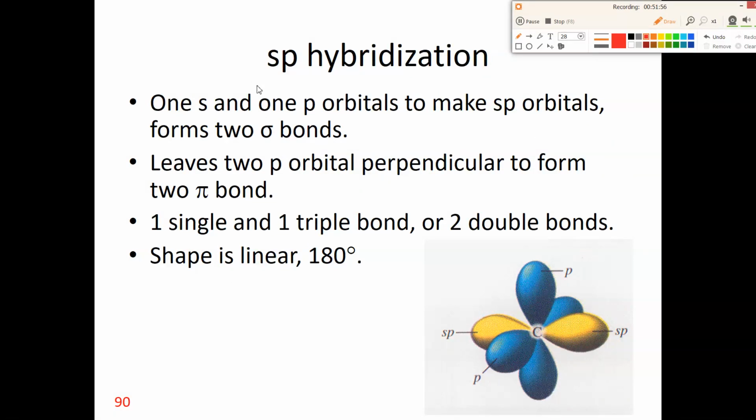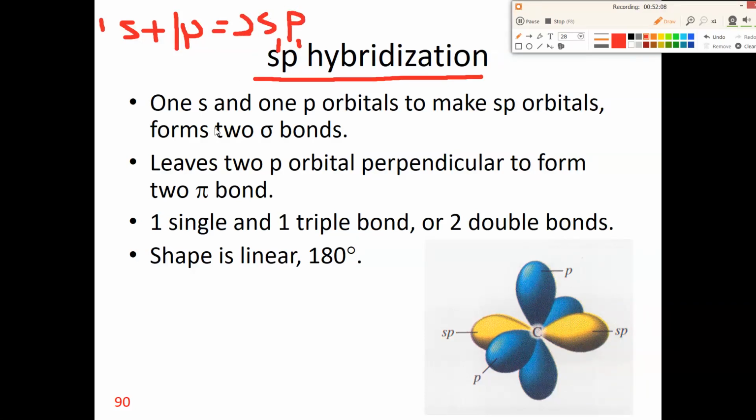For sp hybridization, we have 1s plus 1p, so we have two sp hybrid orbitals. Two hybrid orbitals form two sigma bonds.